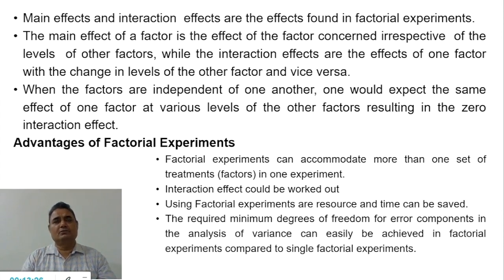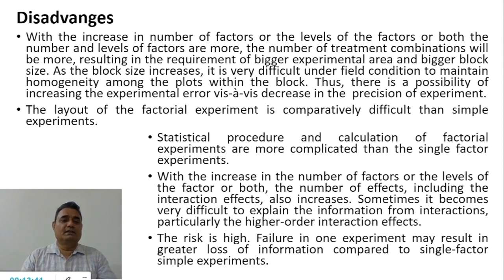Minimum degrees of freedom should be 12 and it may be more than 12 to get a more precise result. That can be easily achieved in a factorial experiment, which is not possible in a single factor experiment.